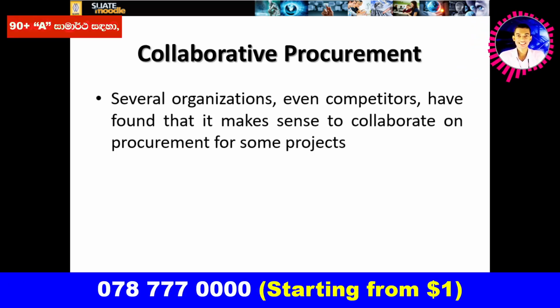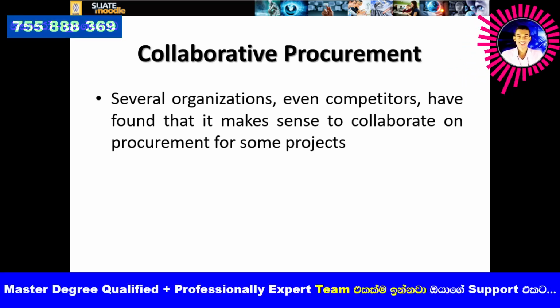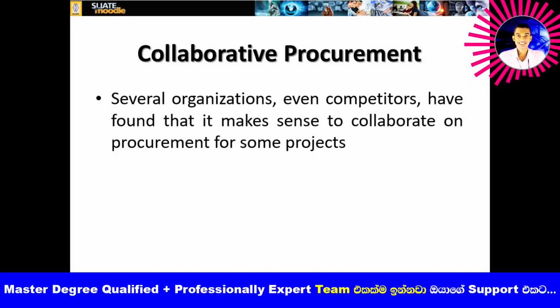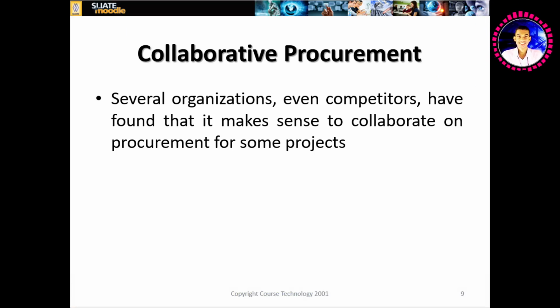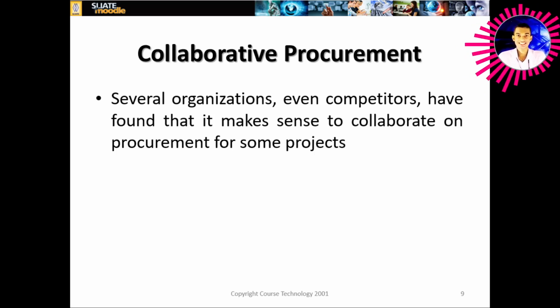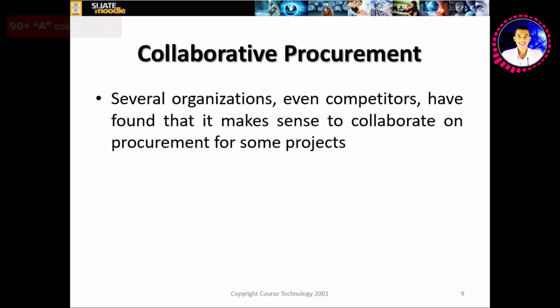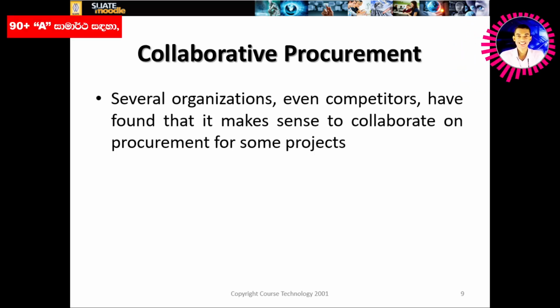We can collaborate between the IT and English departments, and we can hire a single person. Therefore, we can save our cost. Otherwise, the IT department would have to hire a business management lecturer, and the English department would also have to hire a business management lecturer. But if we do it as collaborative procurement, we can easily save our cost.